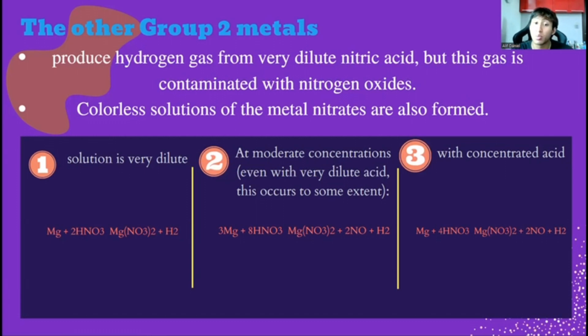nitrogen oxides will be produced when magnesium is reacting with the nitric acid. And lastly, when it's reacted with concentrated acid, magnesium and nitric acid will produce a lot more nitrogen oxides.